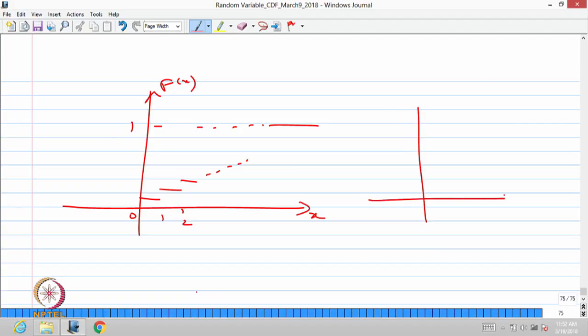Similarly, if you draw the probability mass function of a Poisson distribution, at 0 it has some height, at 1 it has another height, at 2 it may have another height, and so on, and it keeps decreasing at countably infinite number of points. Depending on the lambda value, it may keep increasing and decreasing, or at x equal to 0 it will be the tallest and then keep going down.